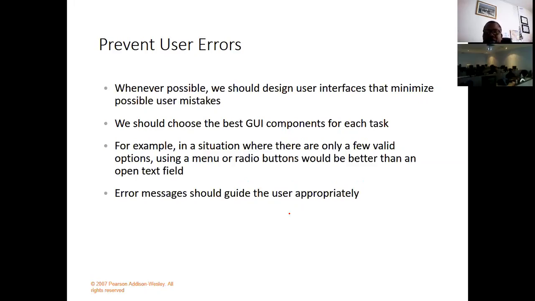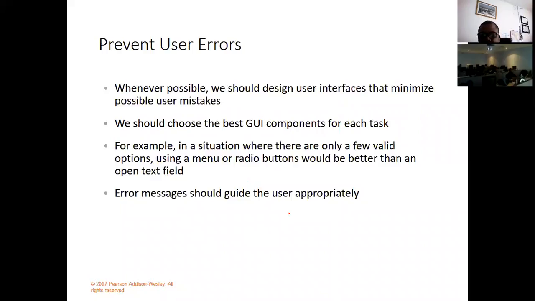So we want to choose the best components for each task. A simple example is that if you know that, for example, the user needs to put in a country, the list of countries is a finite list. The variations are not that many. Instead of giving them an open text field, right? Give them a list box with all the countries so that they can select.